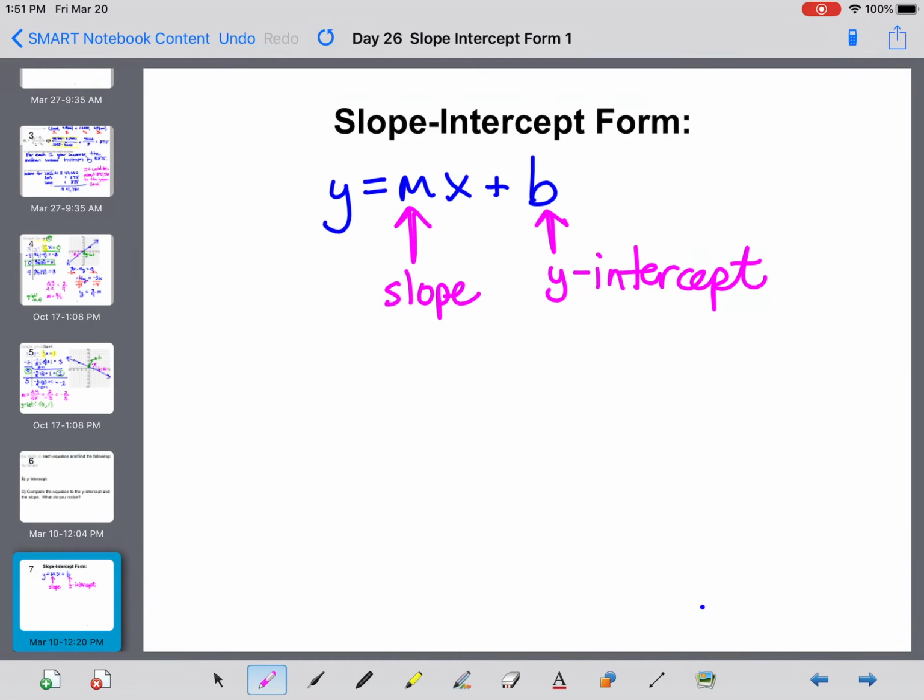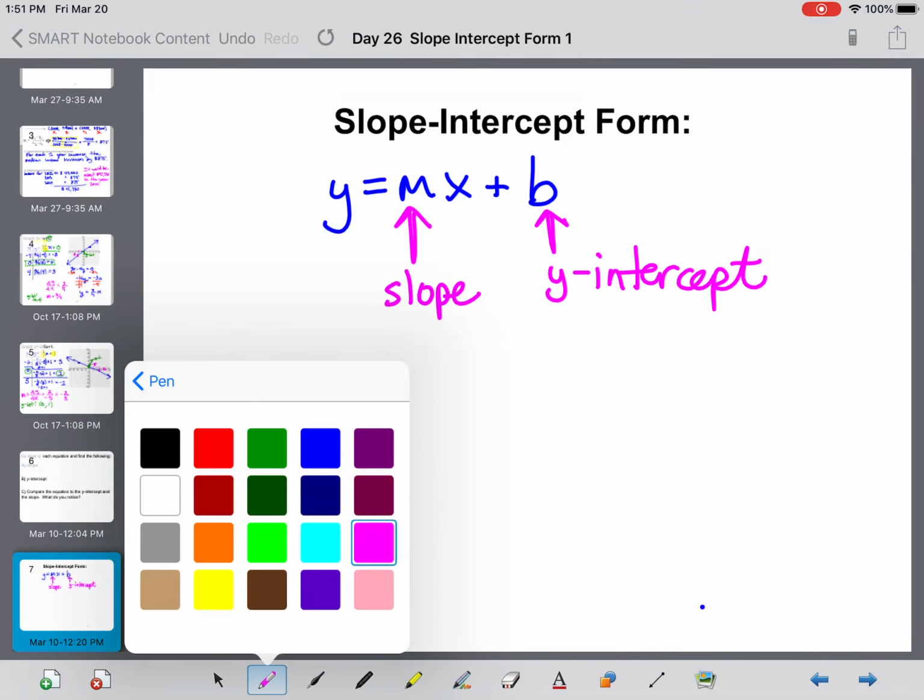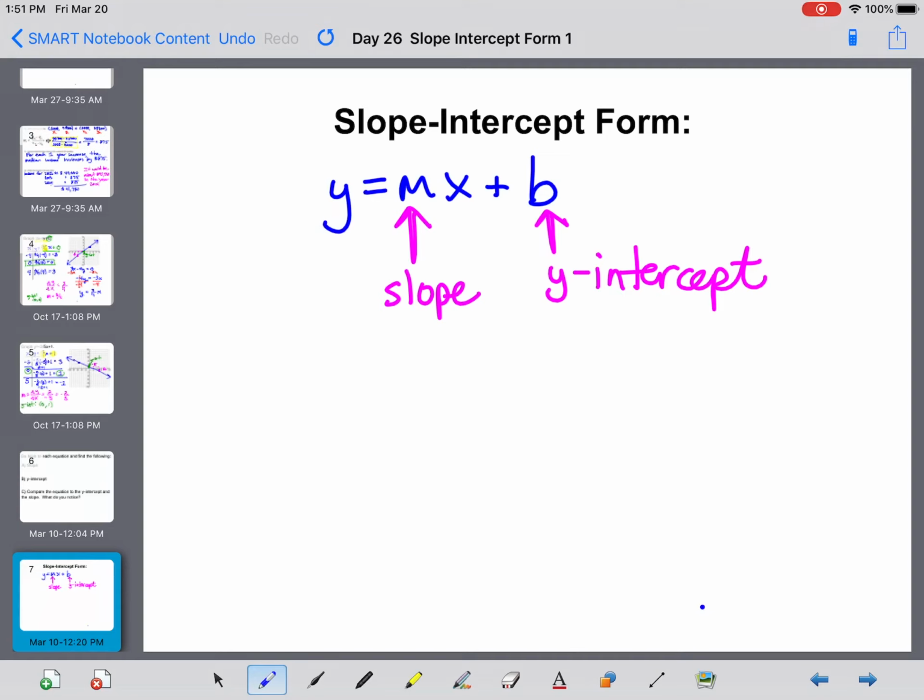Now, things to take notice of: this only works when it's in terms of y equals. So notice this is in terms of y equals right here.